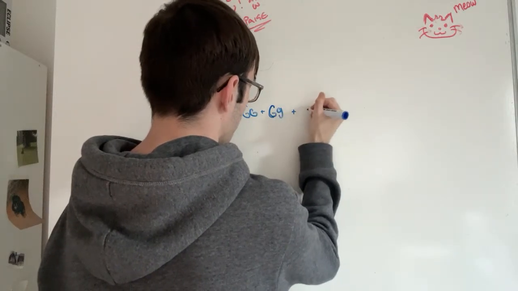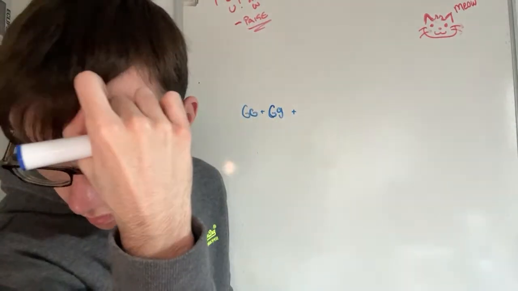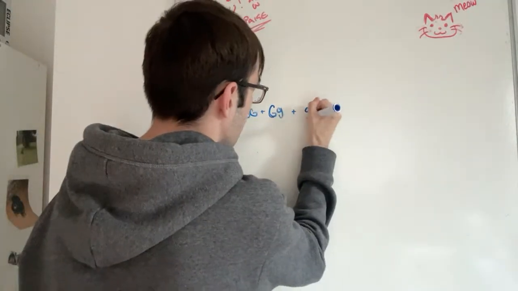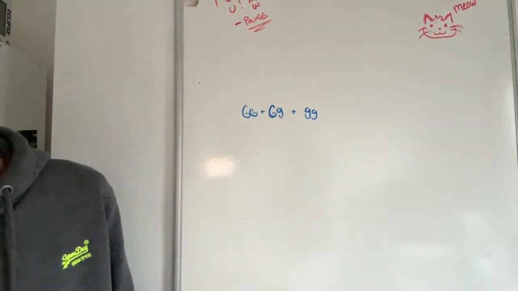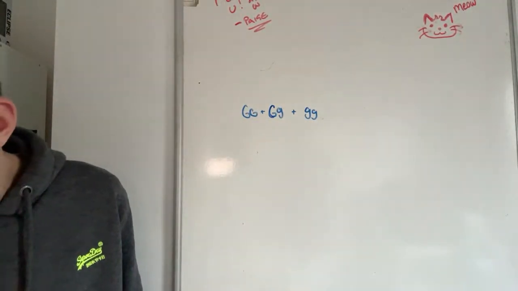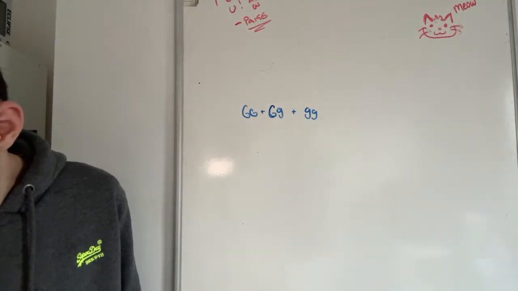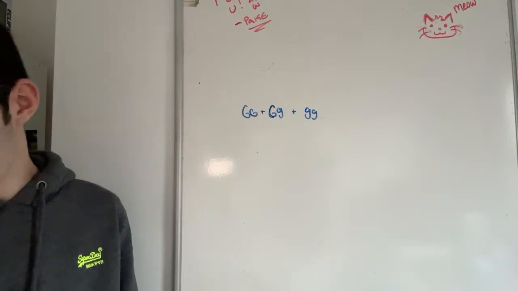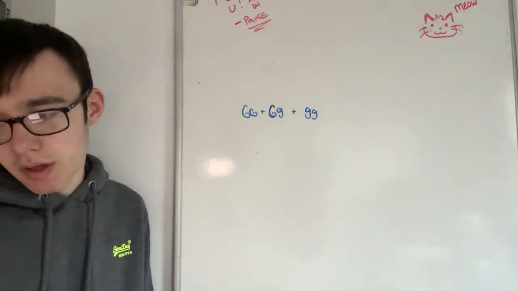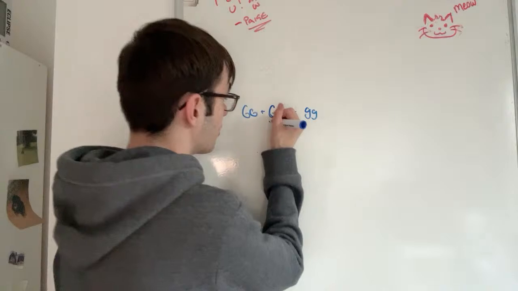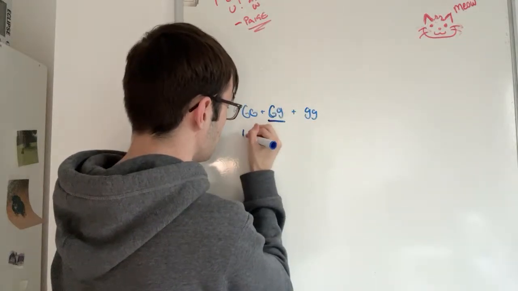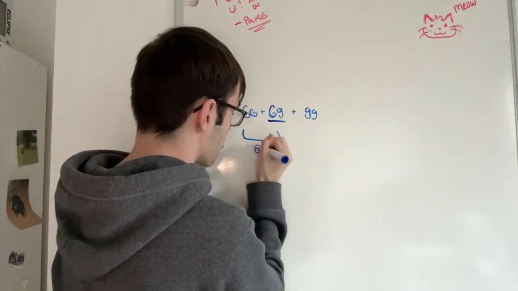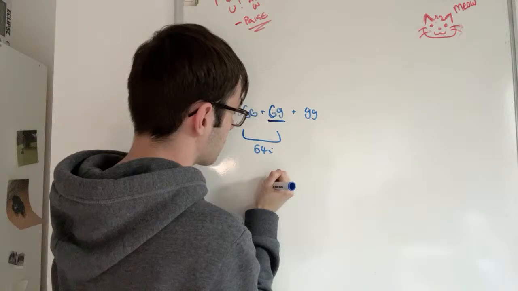This is Hardy-Weinberg, isn't it? Calculate the percentage of flies heterozygous for gene G. So, altogether, this is 64%.